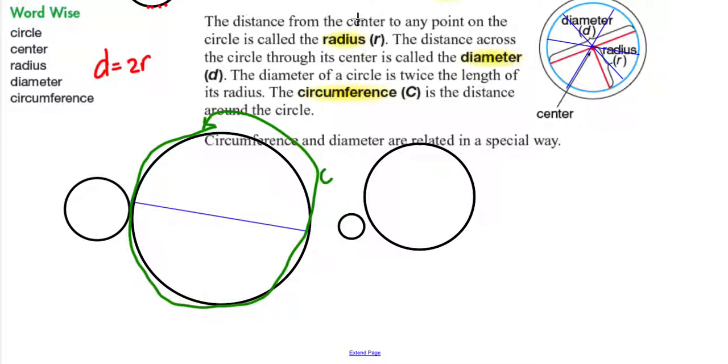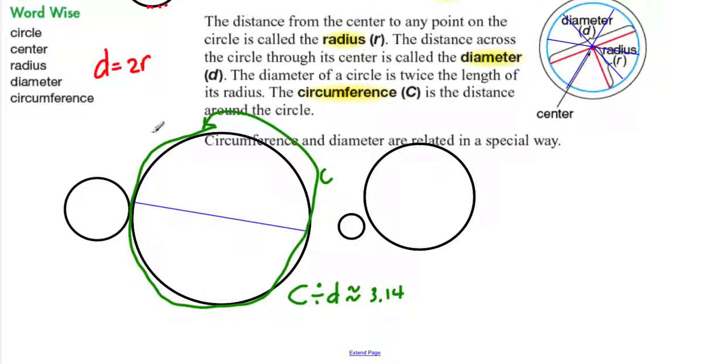If I divide my circumference by my diameter, in any type of circle, not just the big one, I will end up with a quotient of approximately, not equal to, close to 3.14.